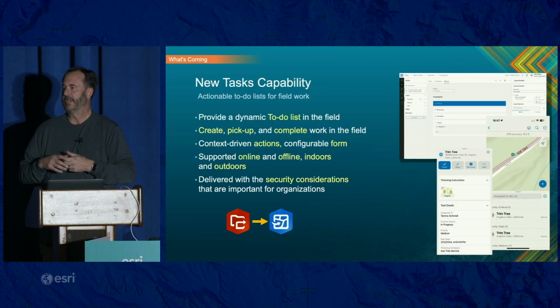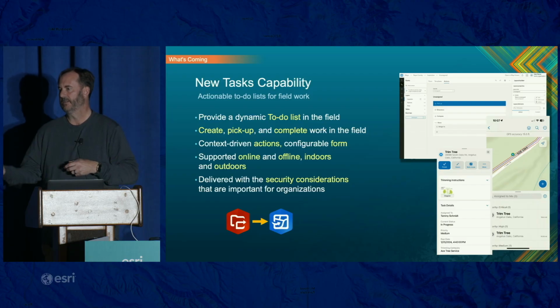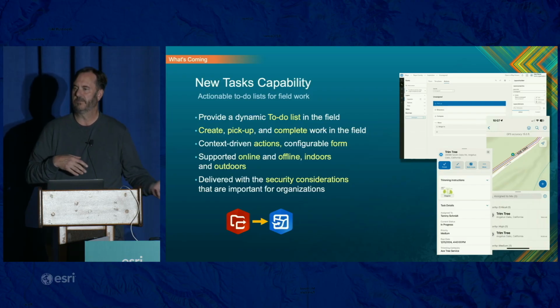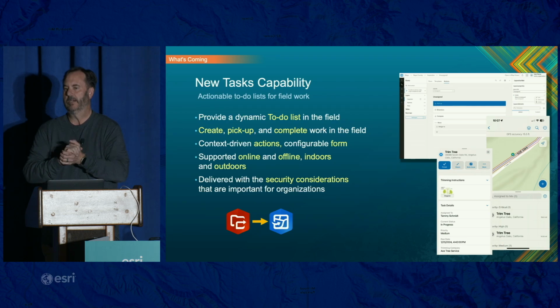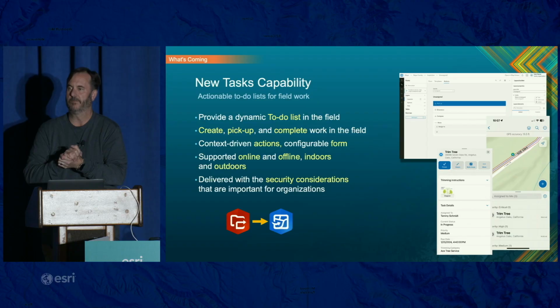So tasks, unlike assignments, could be lines or polygons. They could be hosted feature services or referenced feature services. You can extend the schema, and you've got forms as a part of that. The display of the information is your pop-up, so you have complete control of that.